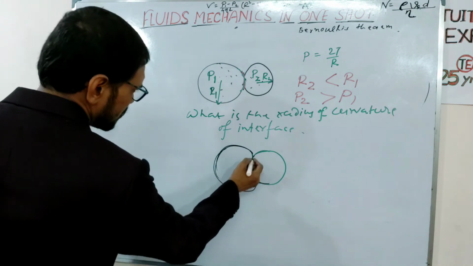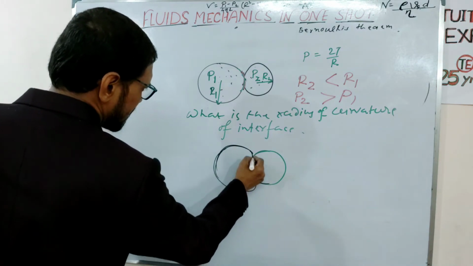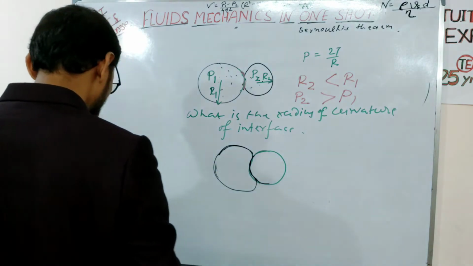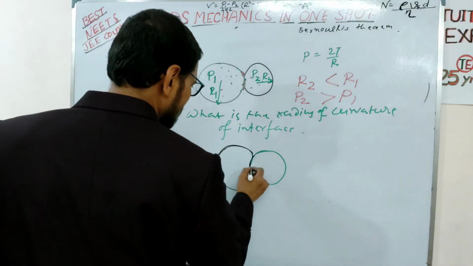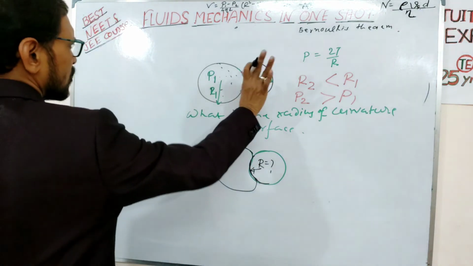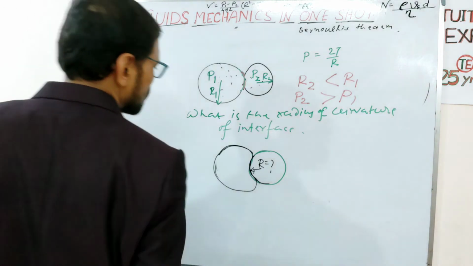So what is the radius of curvature of this interface? R. What is R? R is not R1, not R2. R is a different value. What is the value of R?